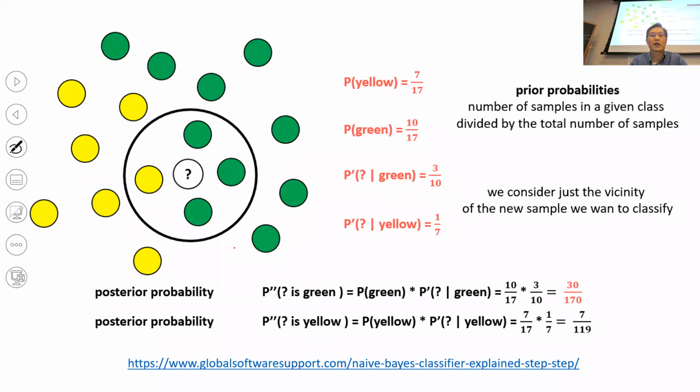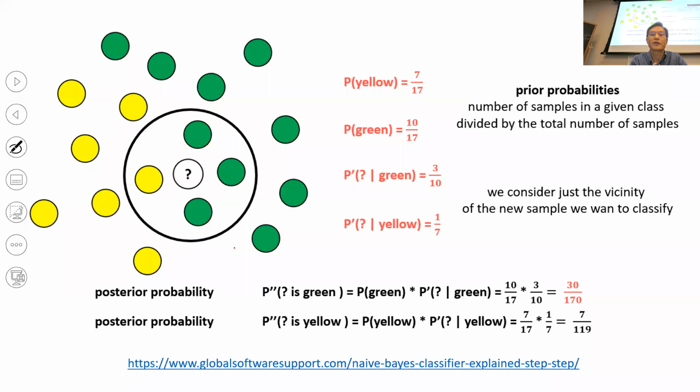And then we will calculate the likelihood of being green. In this case, we consider local neighbors.